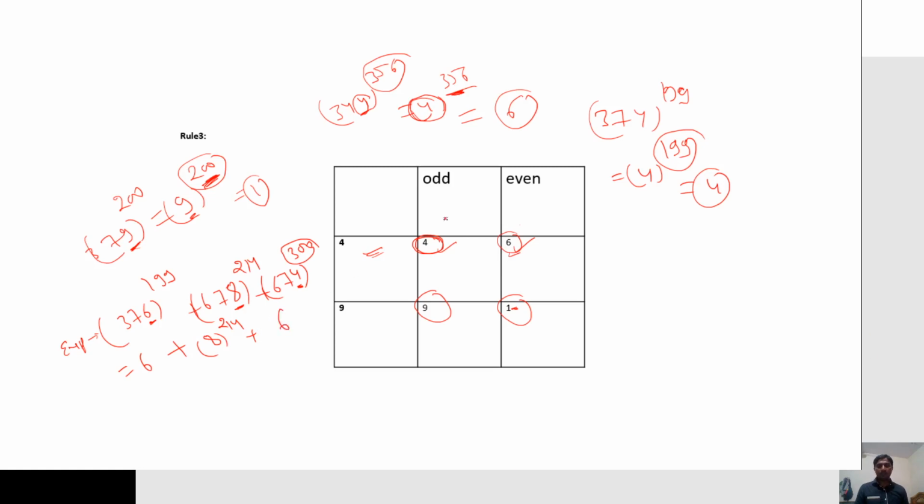Okay, in the case of 4 with an even power, and 6, and in the case of 8, we take the last two digits of the power divided by 4.